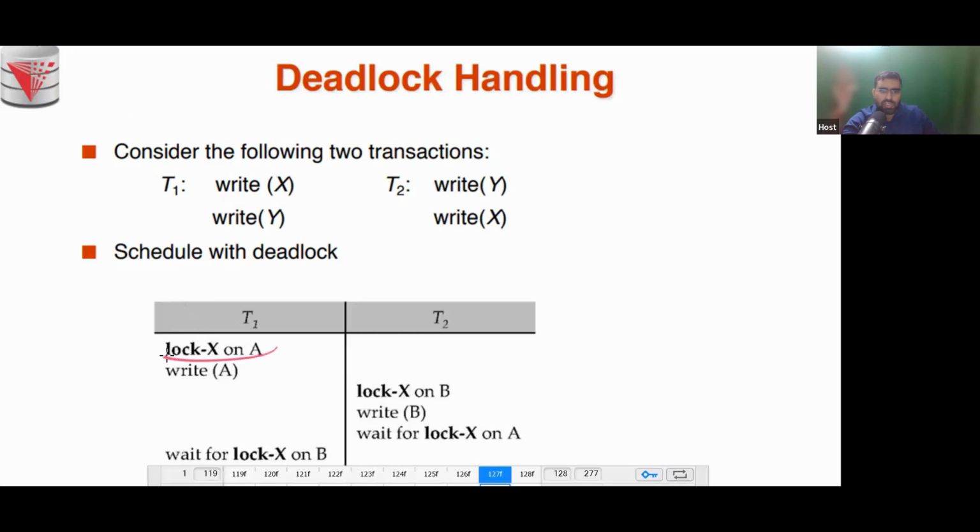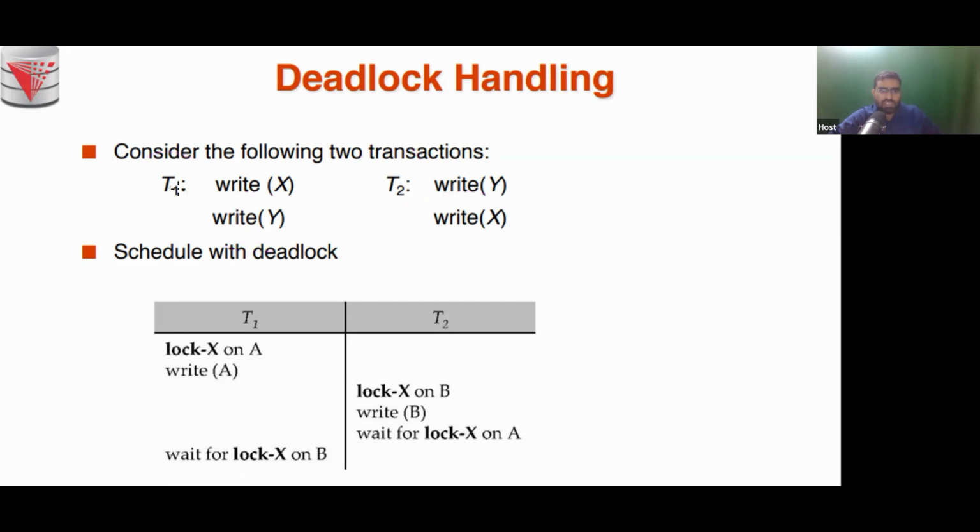You will take an exclusive lock on A, then you will write A. This T1 will write A, then T2 will take an exclusive lock on B, then it will write B. Now there is a problem. Now T1 wants an exclusive lock on Y, T2 wants an exclusive lock on X, but both of them have to wait for each other.